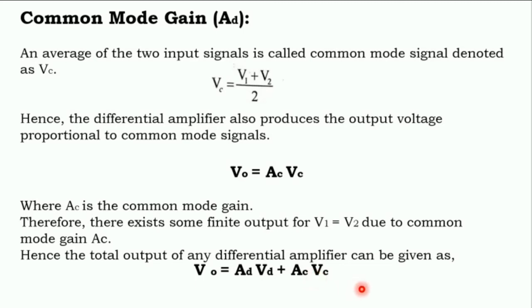So right now, after learning all these things, we are going into the section on configurations. What kind of configurations are we supposed to consider for this concept of differential amplifier? Why am I discussing all these things?